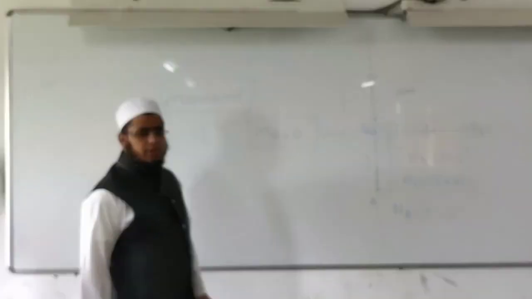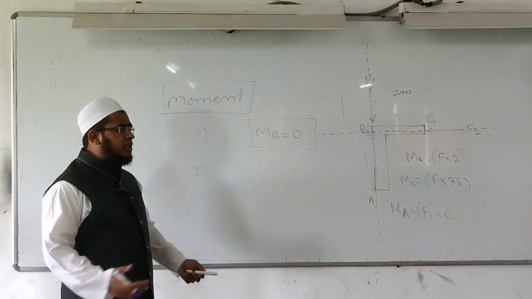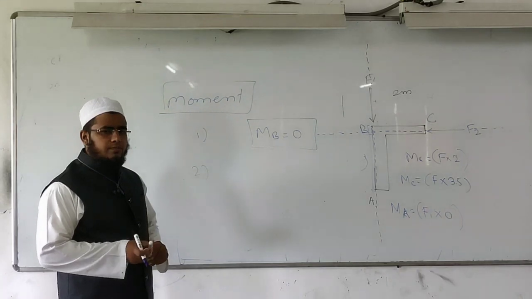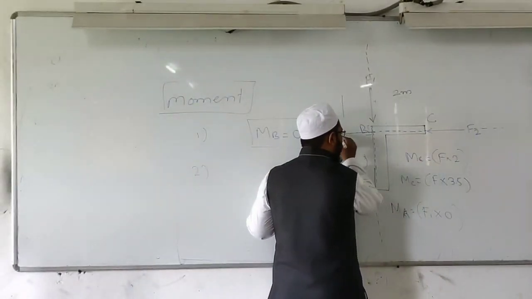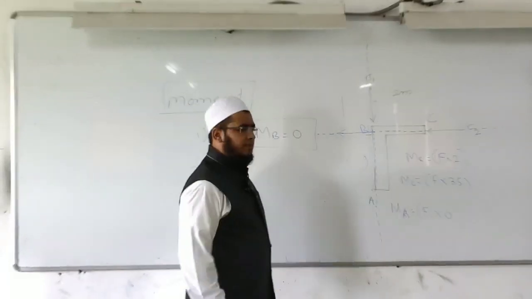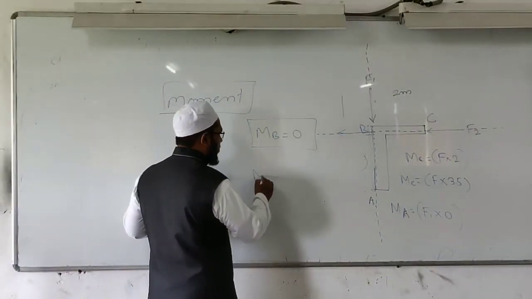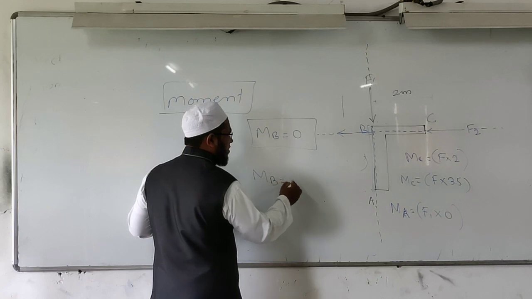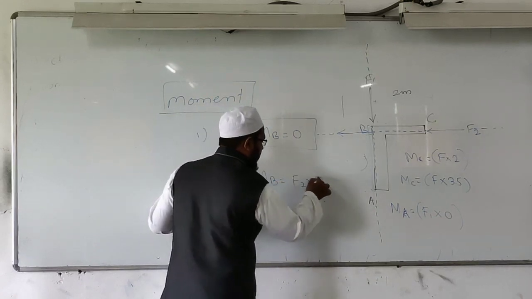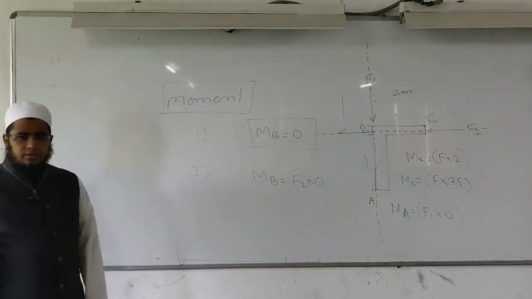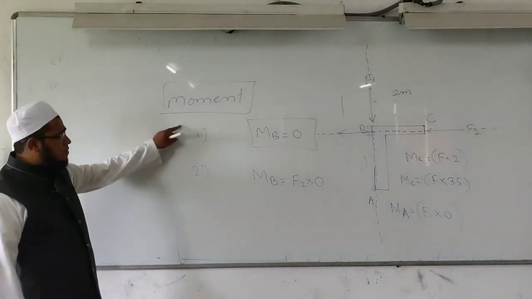A force can be shown anywhere along its line of action. This force F2 along the line of action I can show here. That's why again the perpendicular distance is 0 for force F2. F2 into 0.